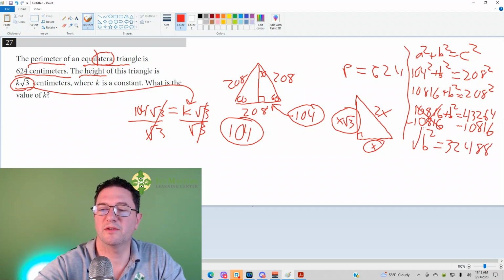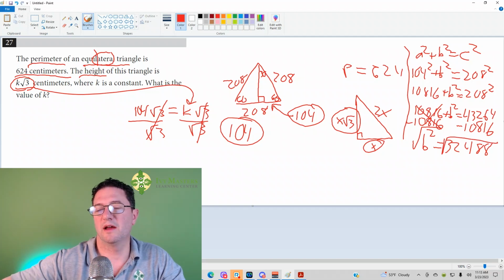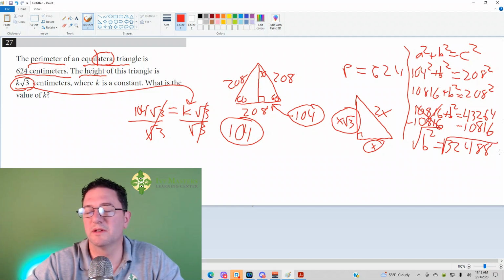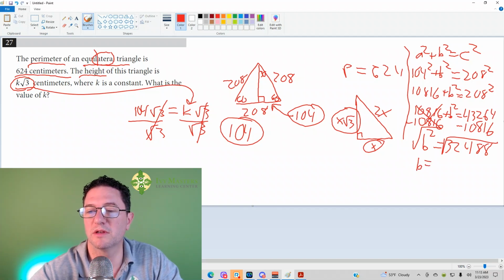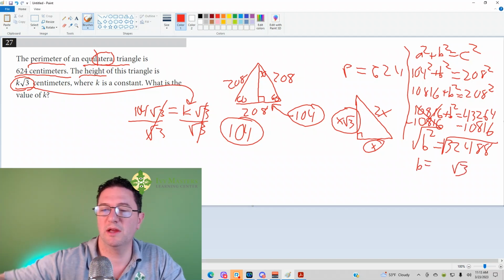And then we'd have to take the square root of both sides. Now, here's where the trouble comes, because it's something root 3. So what you'd have to do is divide 3 into it, and your result should be a perfect square. So here we get b equals something root 3.